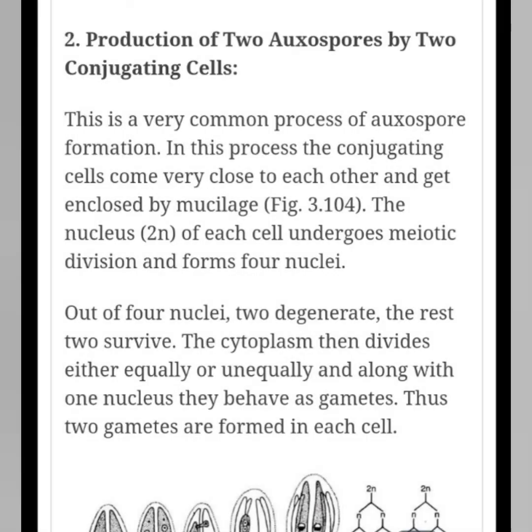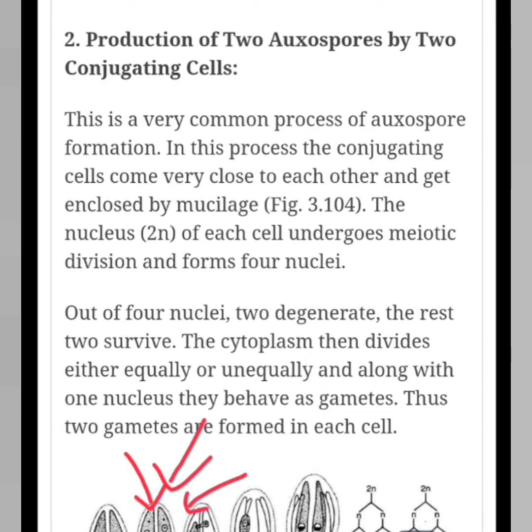Just take a look closely at figure B, where you can see two nuclei written as very small dots. These two nuclei, which look like small dots, are degenerating nuclei, and two nuclei survive in both the cells.